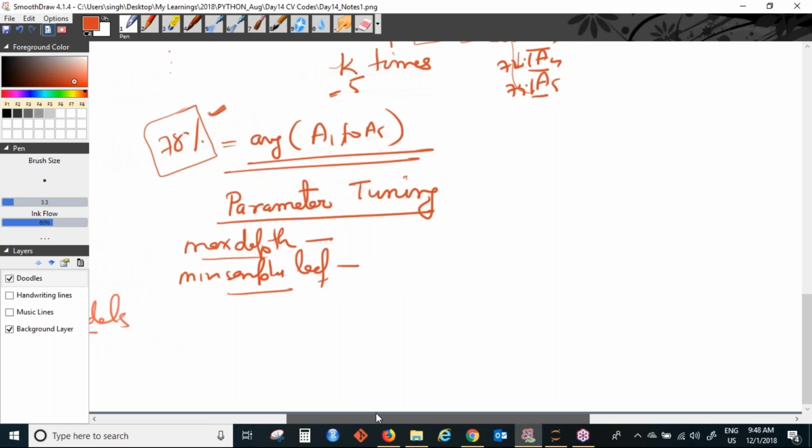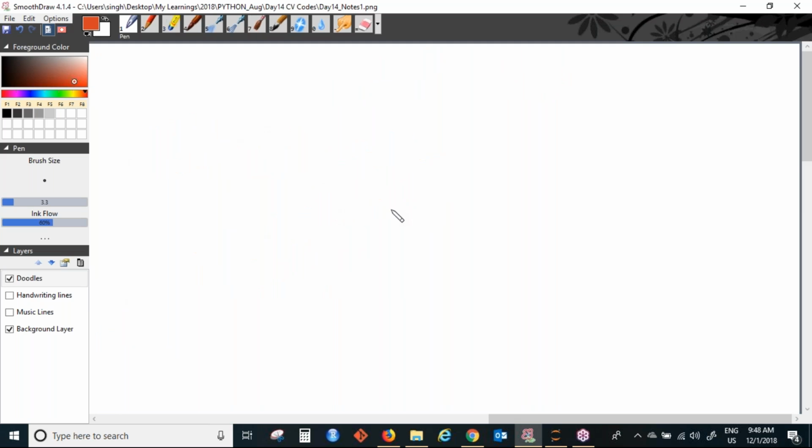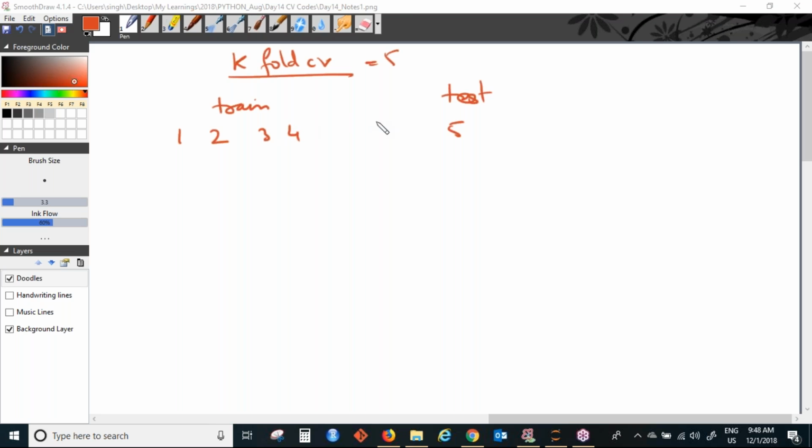So what process is followed is this. Again, we will use k-fold cross validation. We divide the data into 5 parts, let's say k is equal to 5. Then we will have our training and our test: 1, 2, 3, 4 into training, and the fifth into test. We will build a model, and we are trying to find the best value of max depth.